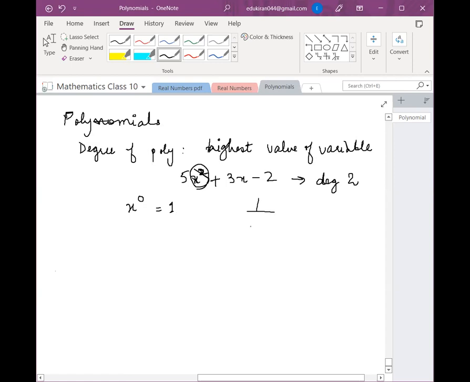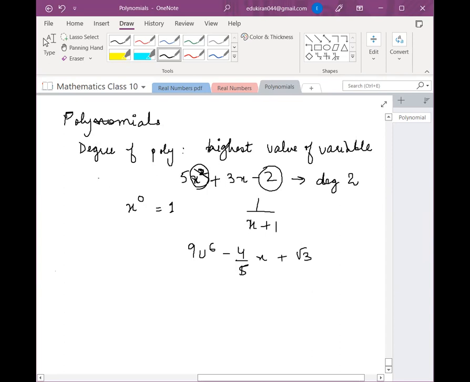For example, 1 upon x plus 1 is not a polynomial, because x does not have a whole number power here. But the coefficients can be anything: irrational numbers or fractions. For example, 9u to the power 6 minus 4 pi 5 x plus root 3 is a polynomial, right?